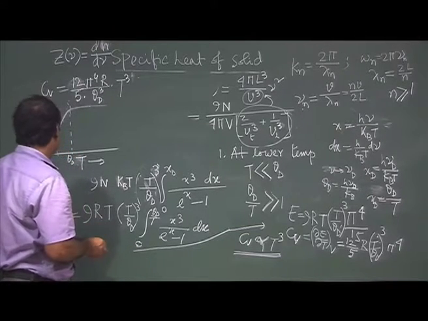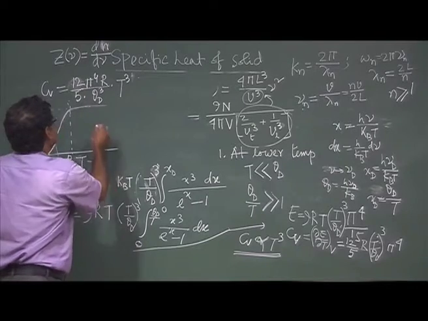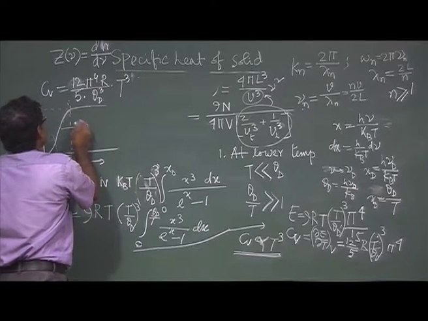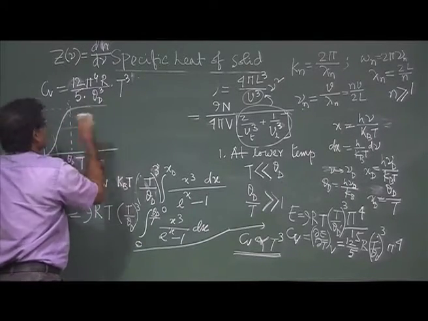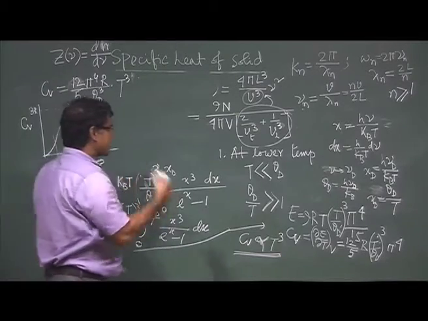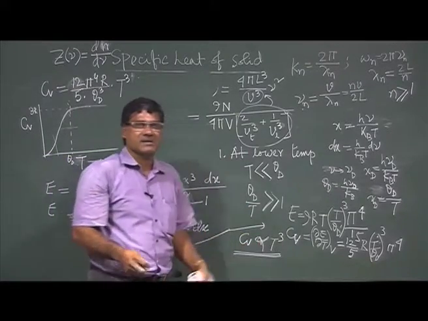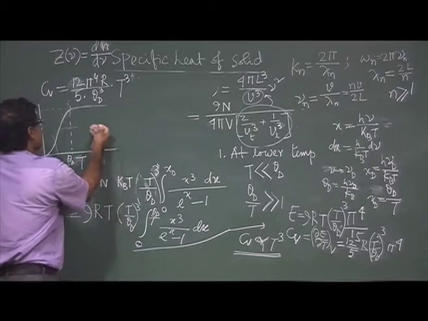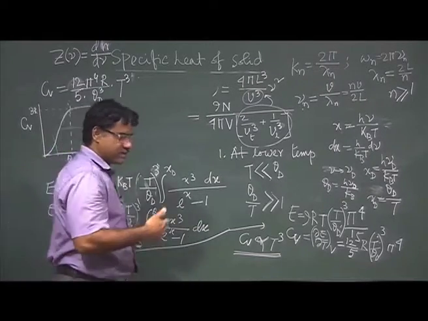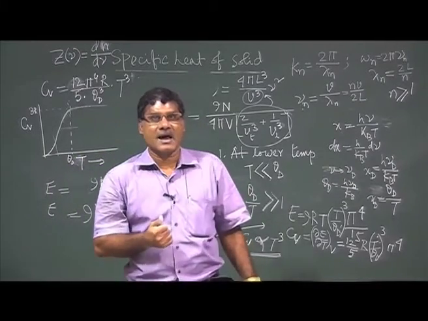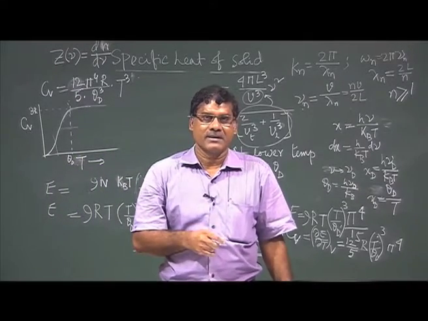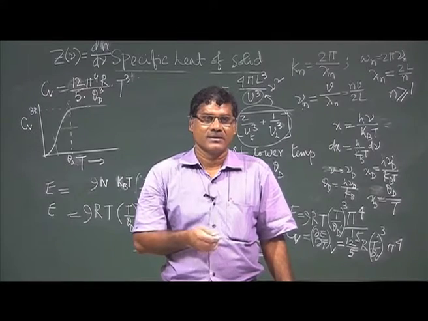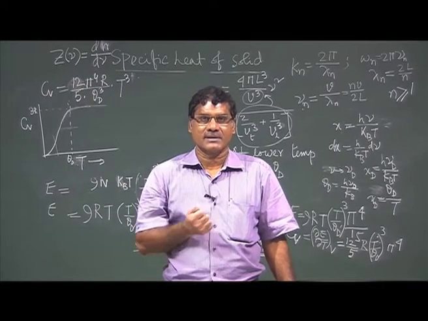After you integrate, you will get CV in general for the whole range, without considering the high temperature or low temperature limit. It is difficult to integrate analytically, so we take help of numerical calculation.